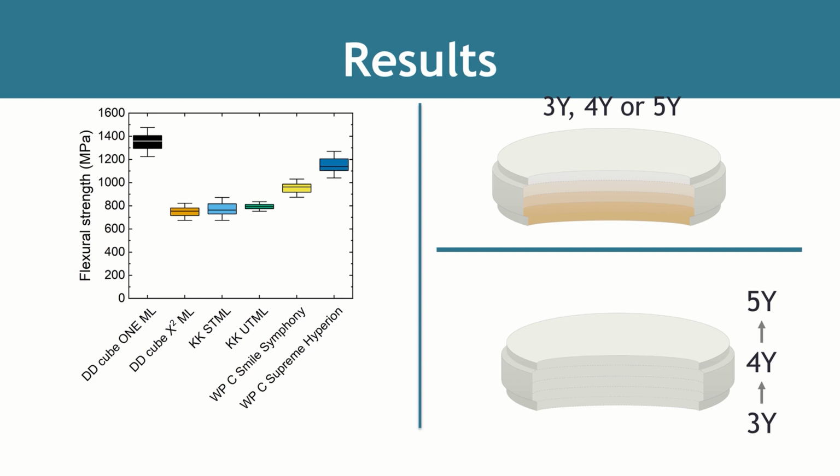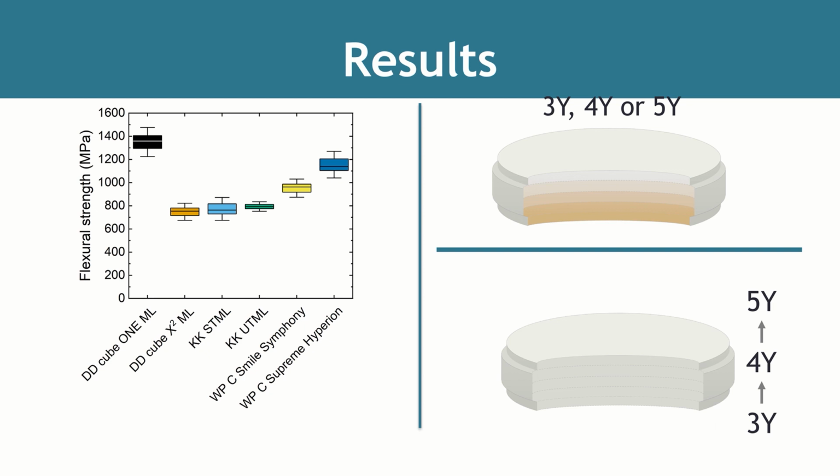One exception to this was that the flexural strength of Kuraray's Katana STML and UTML were similar in our case, contrary to the manufacturer who reports a higher value for STML. The higher value for STML is also expected due to its lower yttria content.